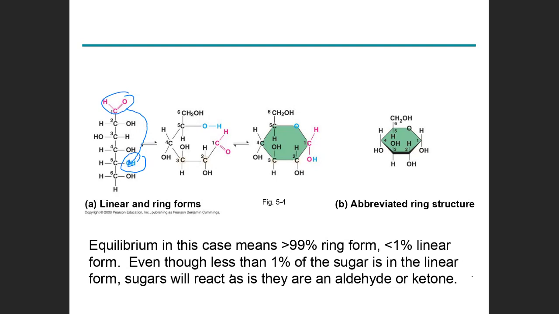And that will be stable, that will be consistent. So that chemical reaction where they're jumping back and forth between the ring structure and the linear structure, equilibrium is almost all ring structure, just a little bit of linear structure. But they do jump back and forth. But it's mostly going to be the ring structure in solution.